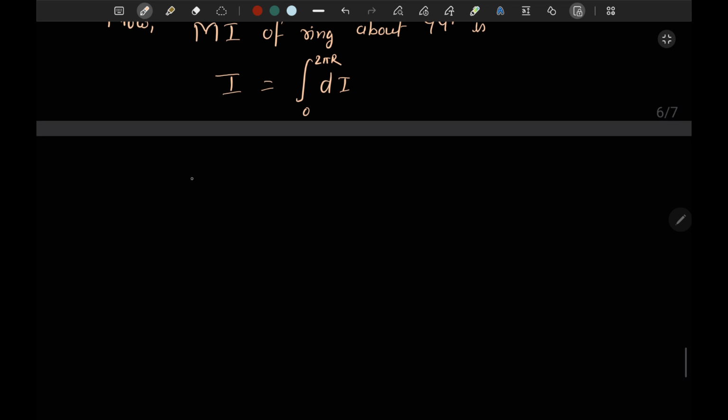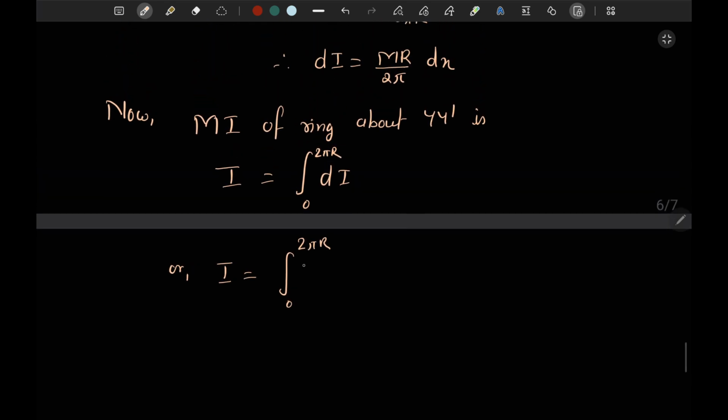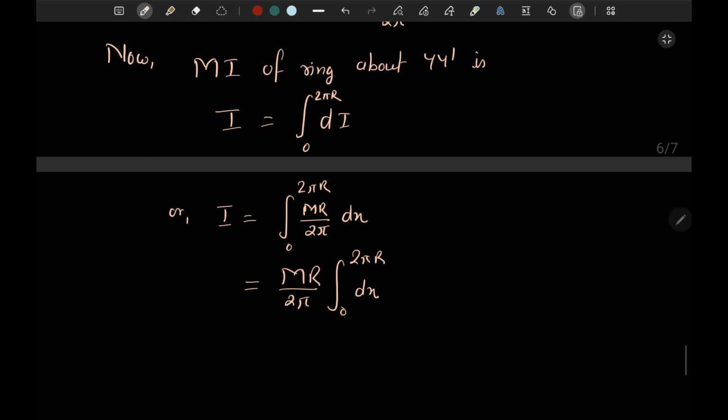Now putting the values, integration 0 to 2 pi r, m r by 2 pi dx. m r by 2 pi comes outside being constant, 0 to 2 pi r dx.